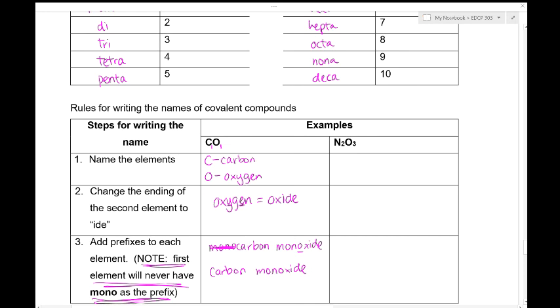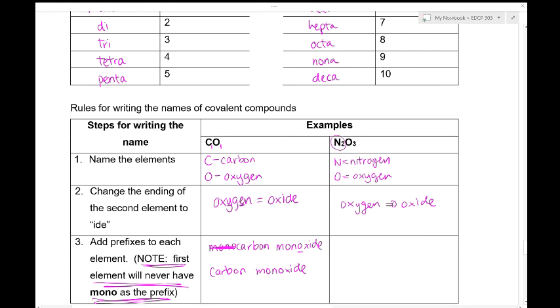Now let's try another example here. We have N2O3. N is nitrogen, and O is oxygen. We're going to change the second element from oxygen to oxide. And step 3 tells us to add the prefix for each element.